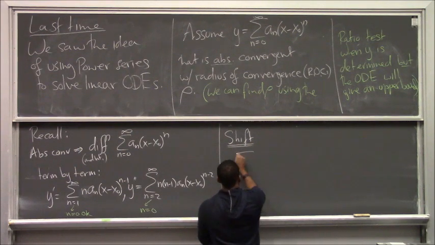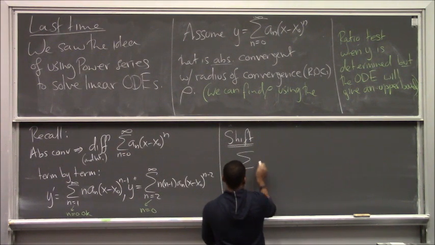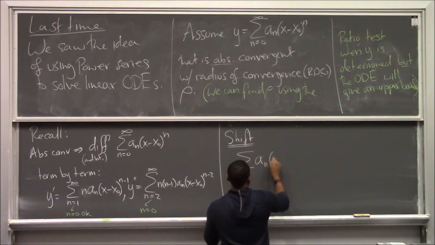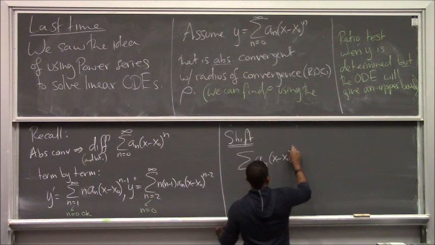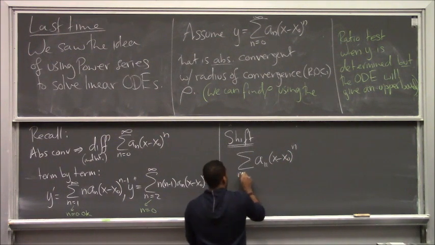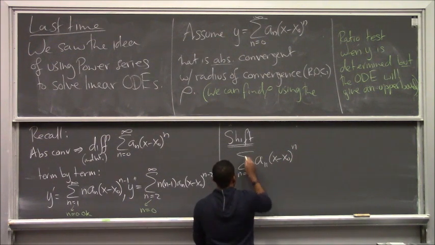So, if I have the series that looks like the sum of a_n (x minus x naught) to the n, and say my n starts at some number a and goes off to infinity.